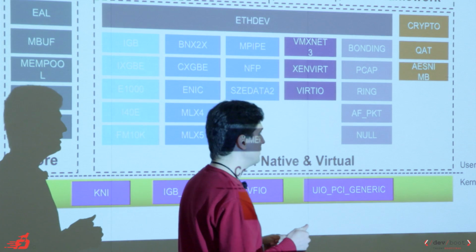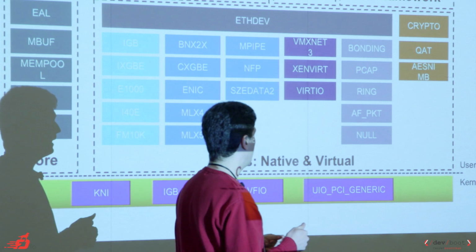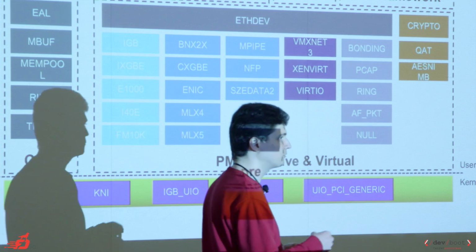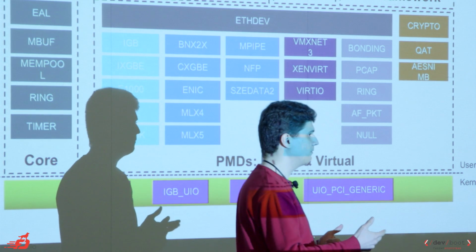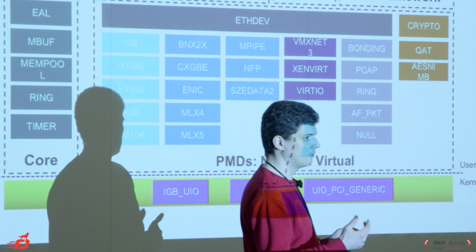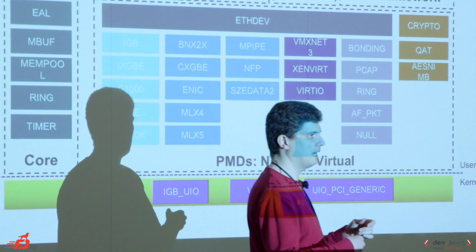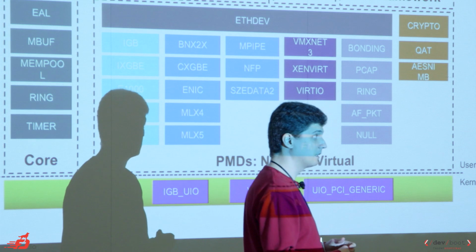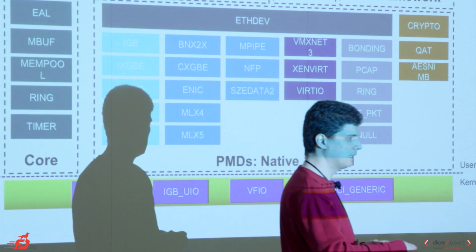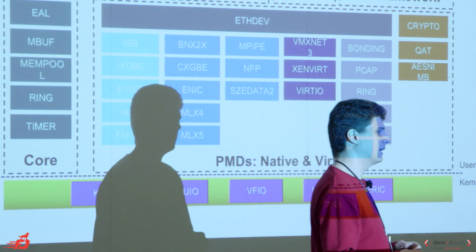Obviously, if your page is 4 kilobyte, that would store just one or two packet buffers. So probably every other packet you will have to use a different entry in that list.